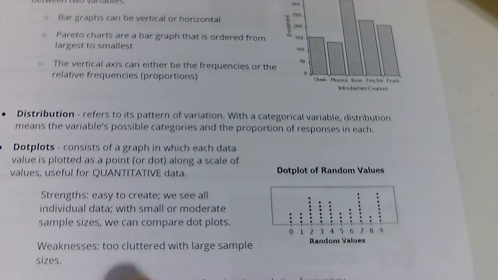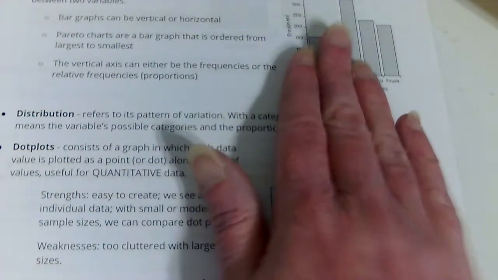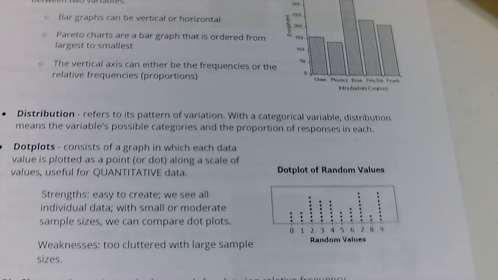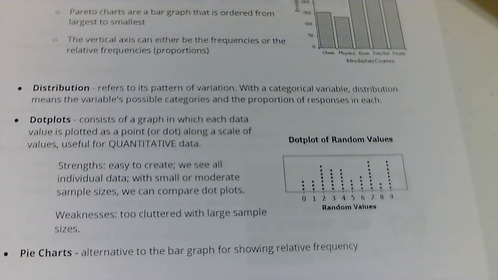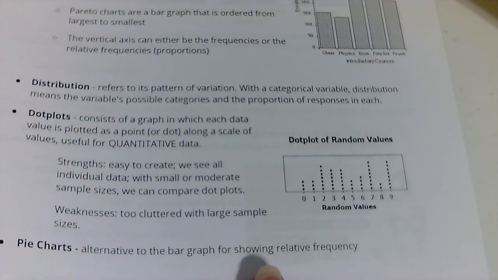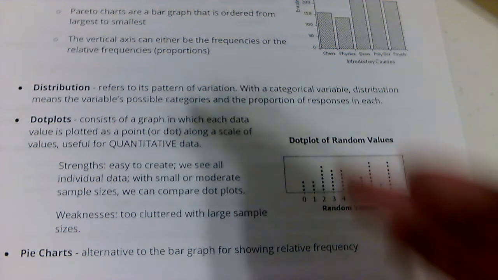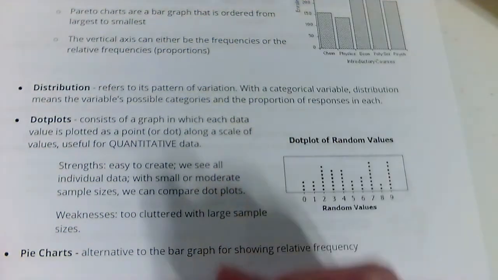So if we have a very large sample size, a dot plot would not be good. A bar graph would be preferable. We can also make pie charts if we're showing the relative frequencies. In other words, the percentages can also be shown in pie charts. So these are the three main ways we can show graphically qualitative data: bar charts, dot plots, and pie charts.